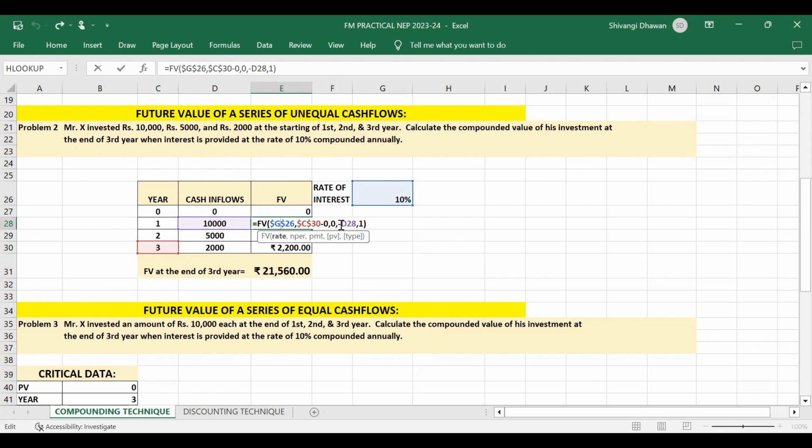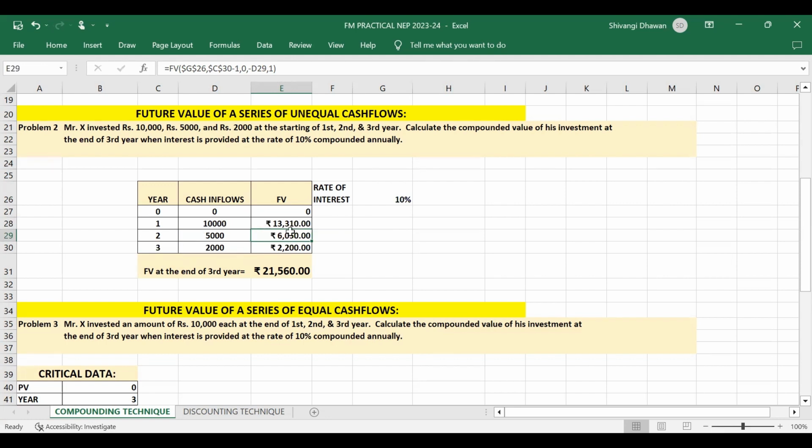Then present value, we will take it as the 10,000 and with the negative sign in the front in order to get the positive value, and type will be 1, close the bracket and enter. Now, this is our future value for the first year.